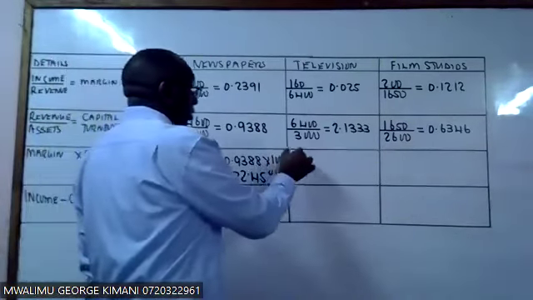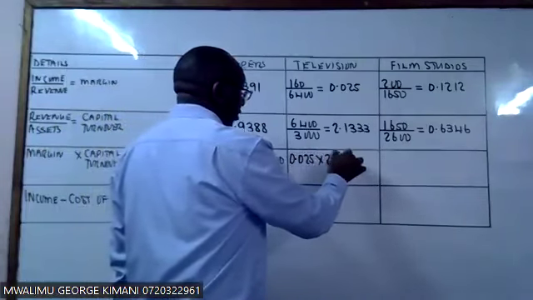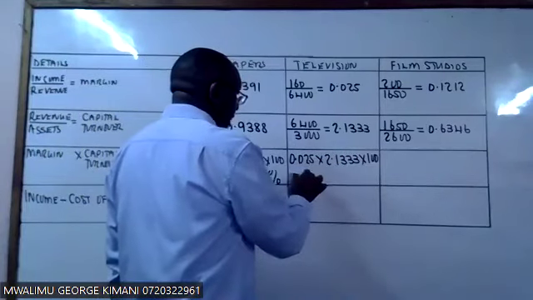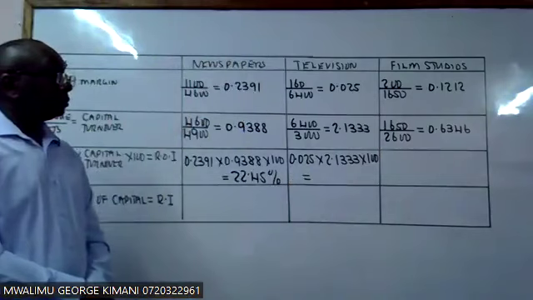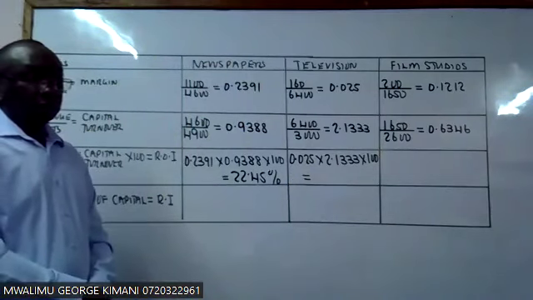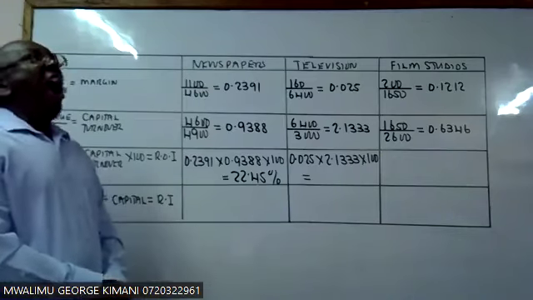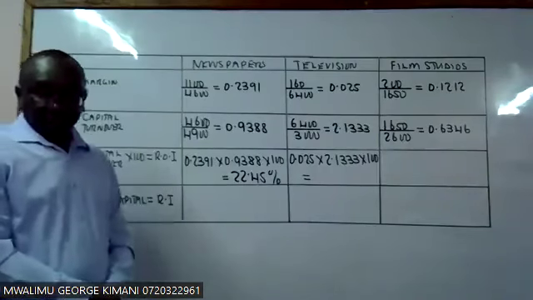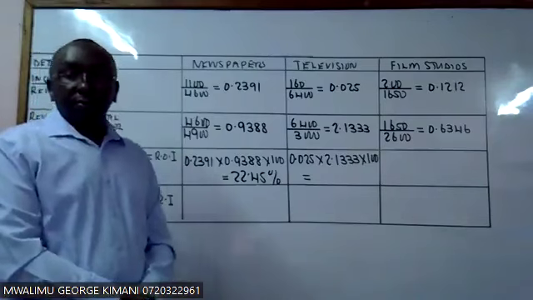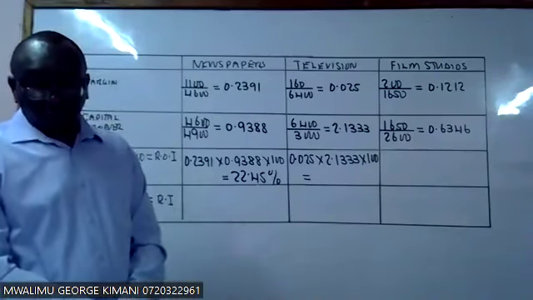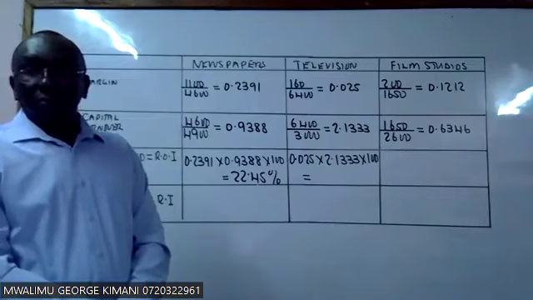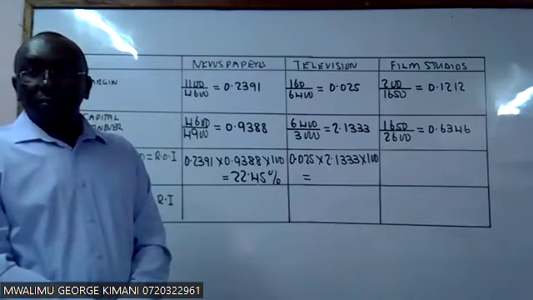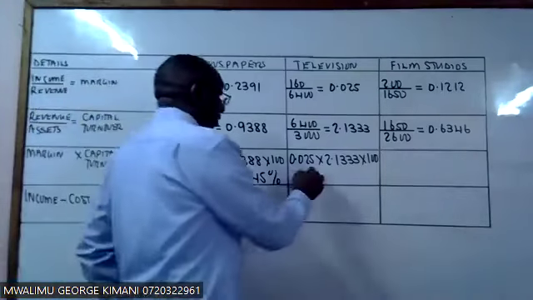Then I have 0.025 times 2.1333 times 100. 5.33%.